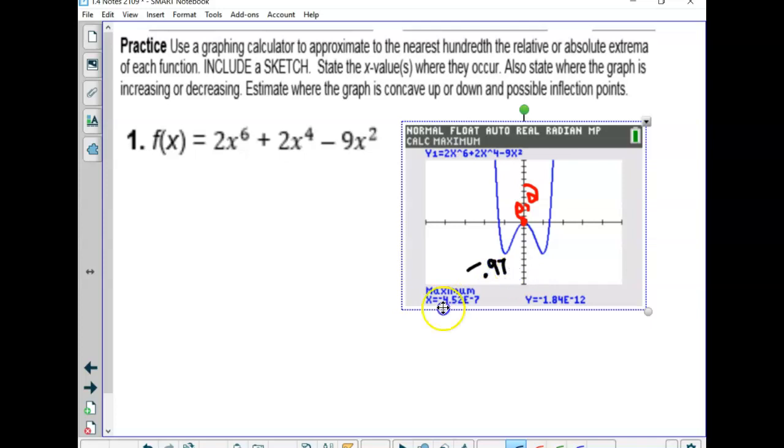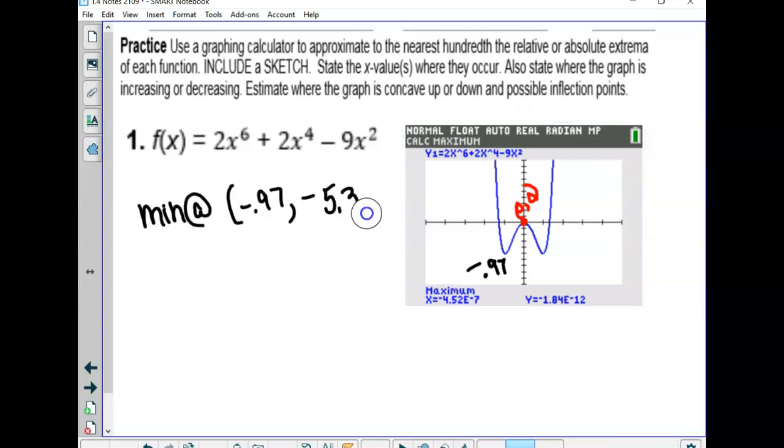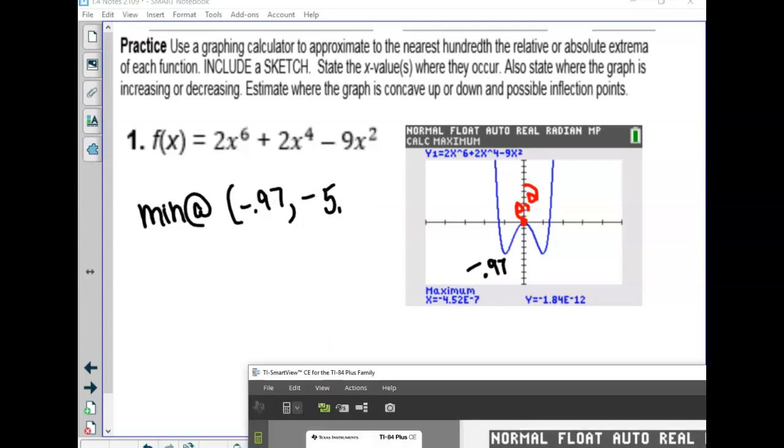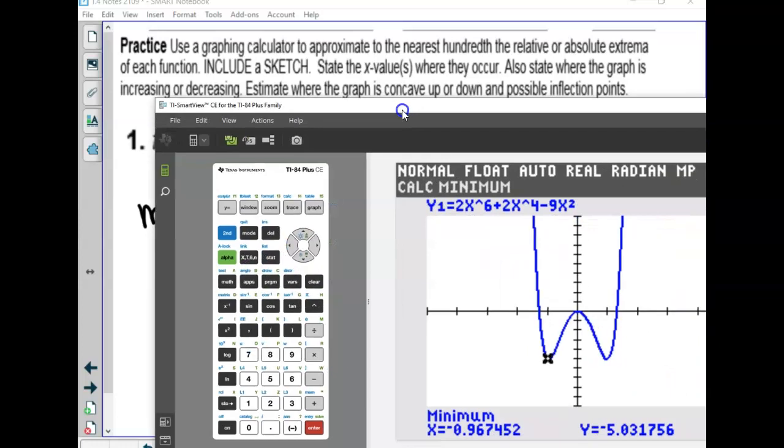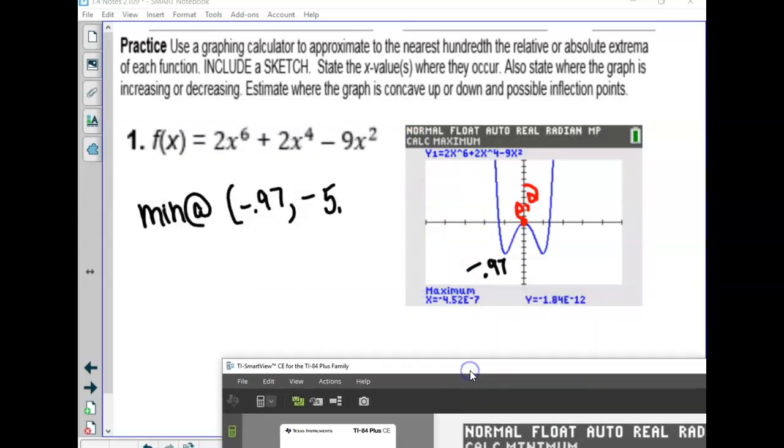And the y value, okay, so over here I'm going to write there is a relative min at -0.97. And what was the y value there? -0.30? Oh, 0.3? Anybody? What is it? Yep, -5.03, okay.